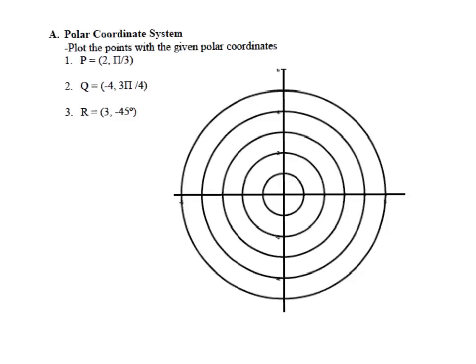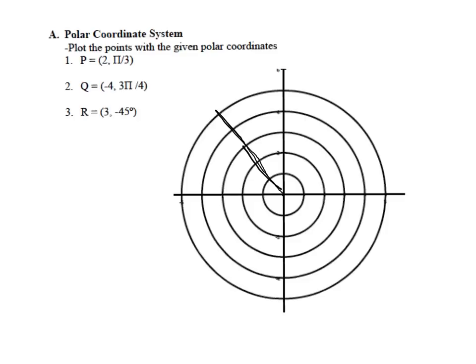Number 2, point Q, a distance of -4, a direction of 3 pi over 4. Well, pi over 4 is 45 degrees, so 3 pi over 4 is 135 degrees. That's going to be out in this direction. But when we see a distance of -4, that actually means go backwards.